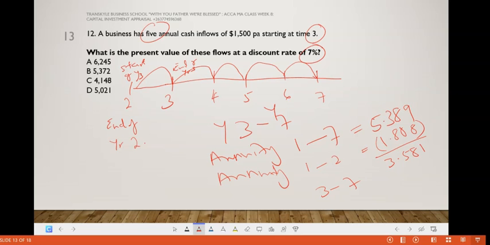Then we have to multiply by the inflows, multiply by 1,500, and we get our 5,372. Then our answer is B.